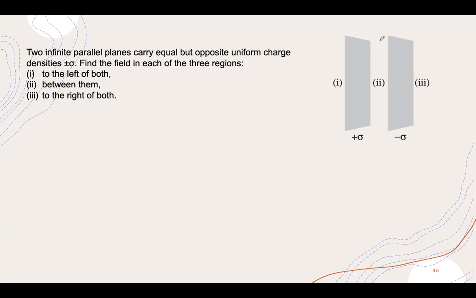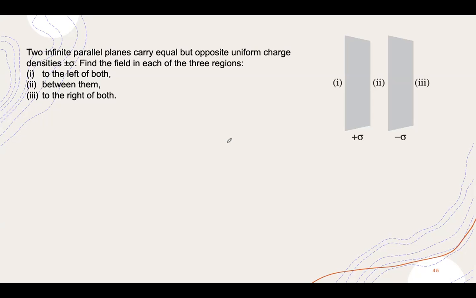It is uniform, so overall it is distributed over the plane. Now we need to find the field in each of the three regions, 1, 2, 3. The first is to the left of both, the second is in between, and the third is to the right of both. So can you guess the answer?